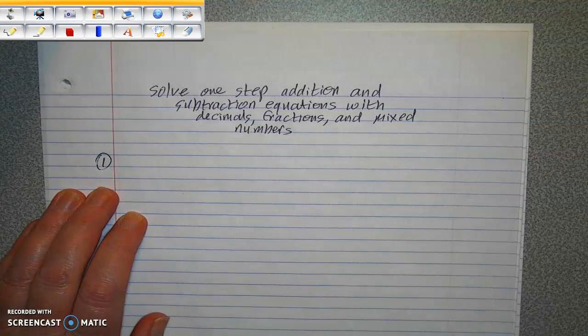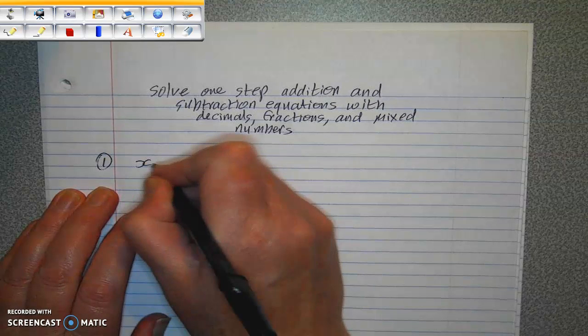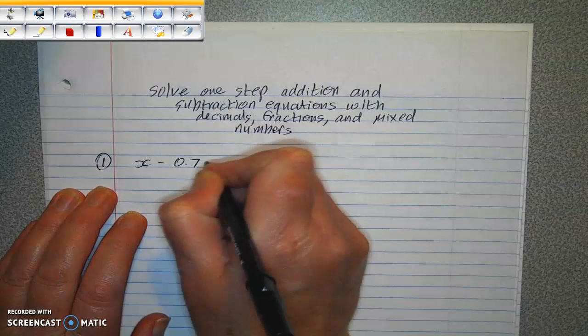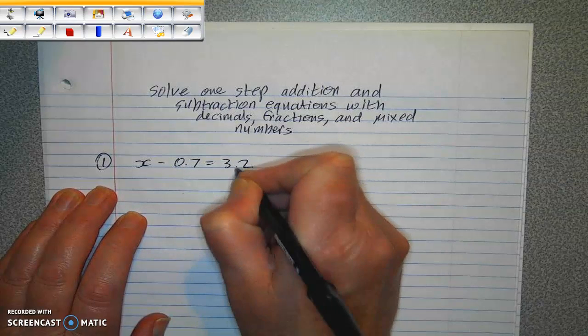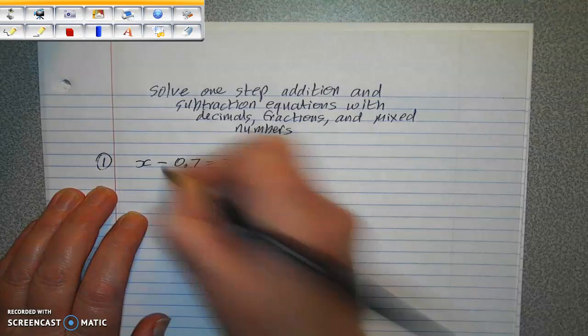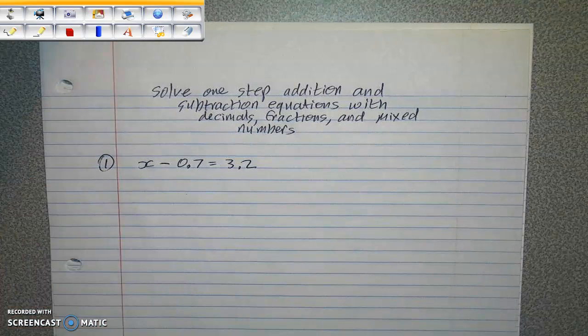Here is our first equation. The difference between this and equations that we did last week is that this particular equation has decimals in it.